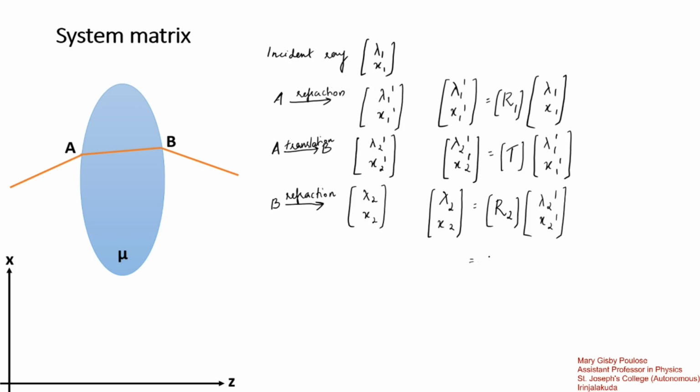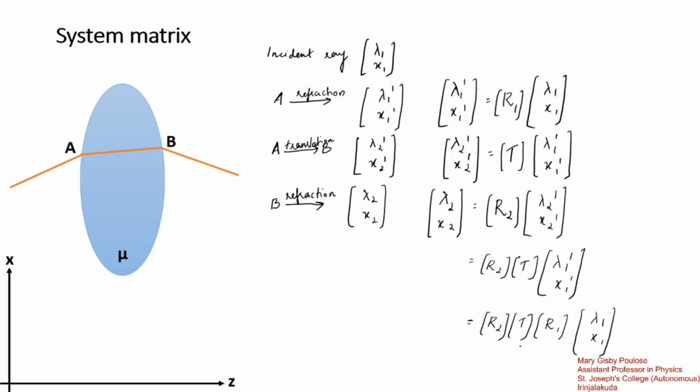Hence I get matrix R2 into T matrix into lambda1 prime, x1 prime. Okay. Now for lambda1 prime, x1 prime, I can substitute the first equation, that is matrix R2 product matrix T product matrix R1 into lambda1, x1.